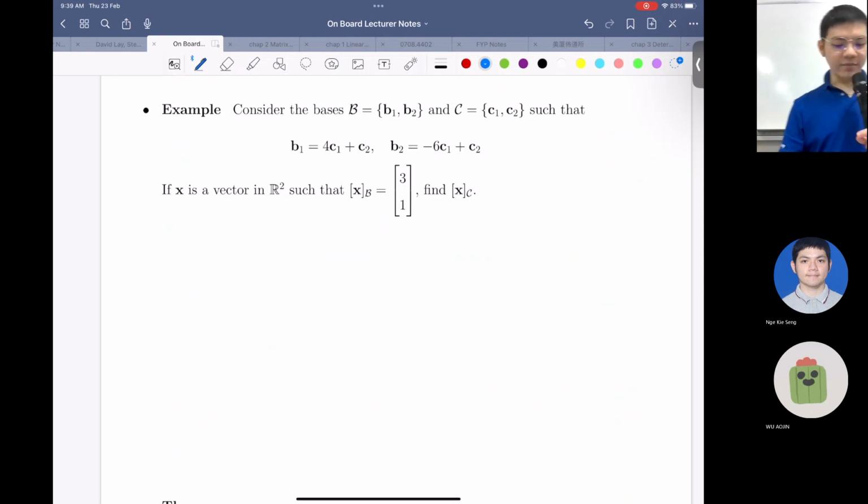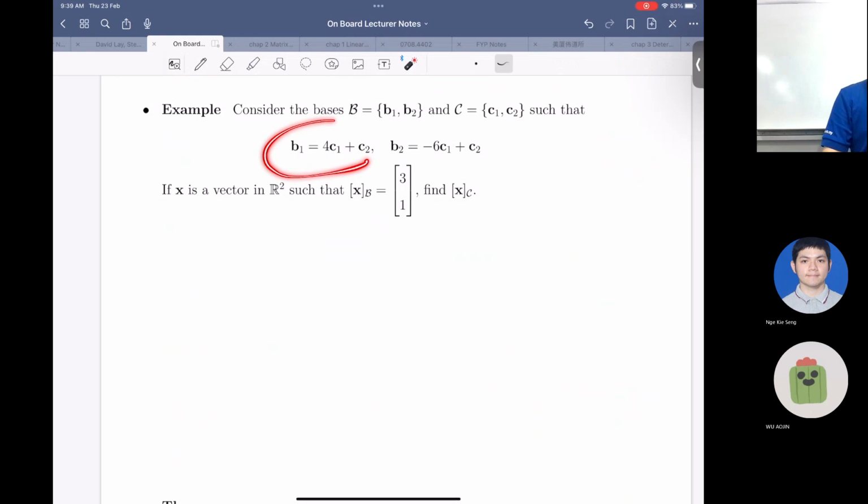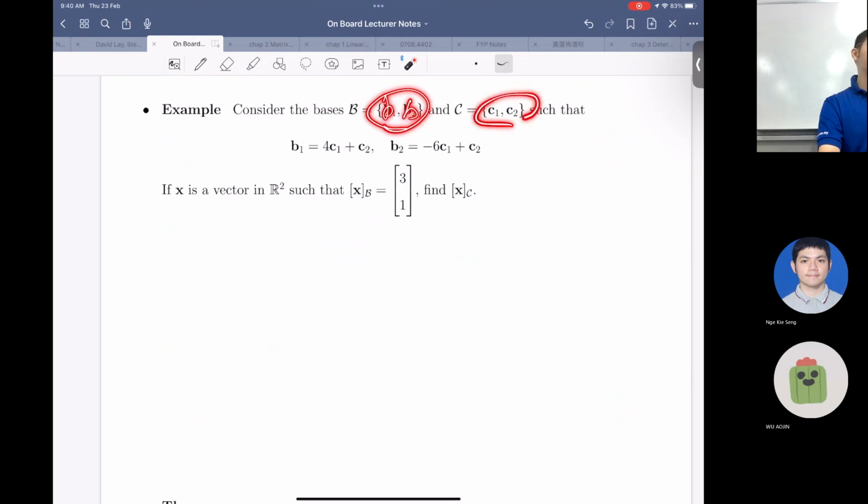We didn't tell you what they are, but it doesn't matter. What matters is how you relate these two bases. Since C is a basis, you must be able to express B1, B2 in terms of C1, C2. So here is the relationship.